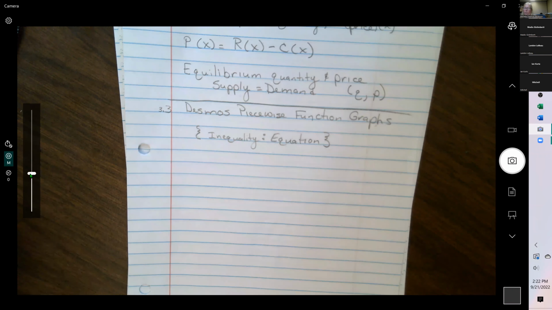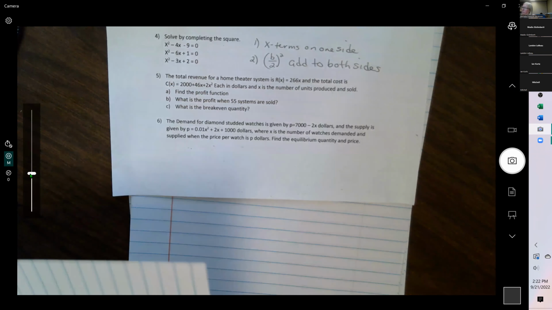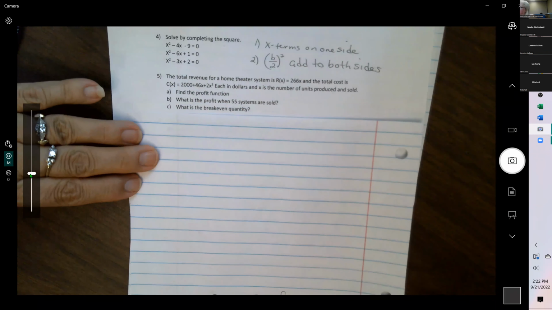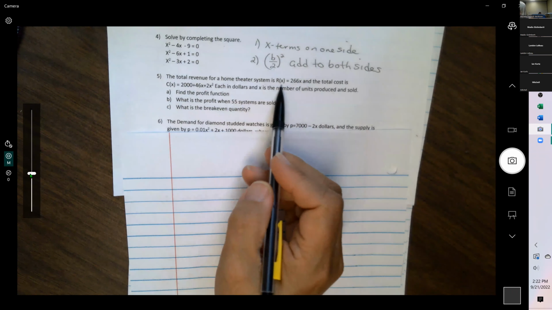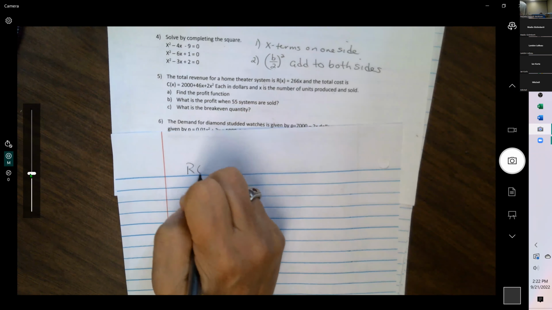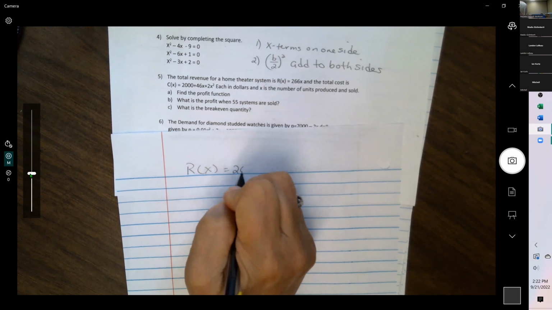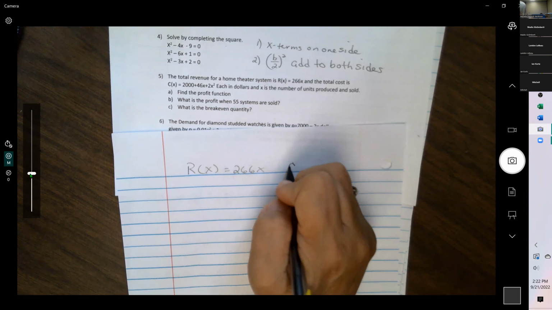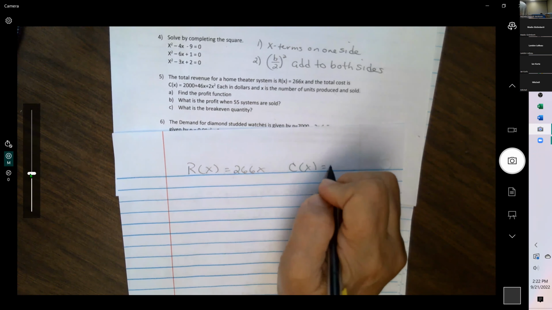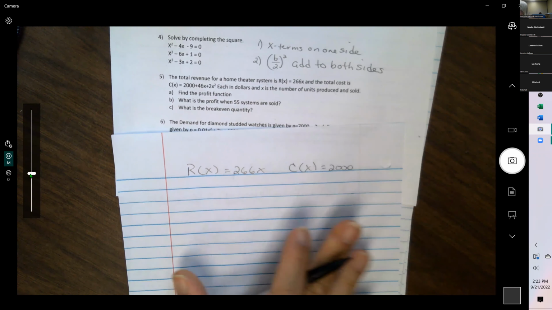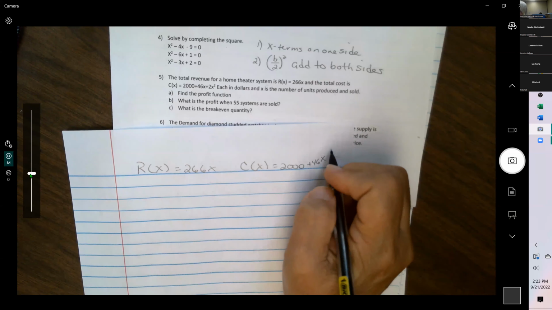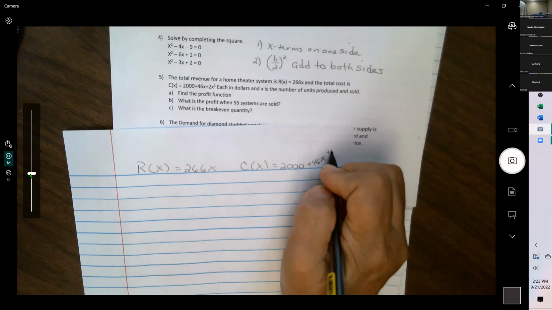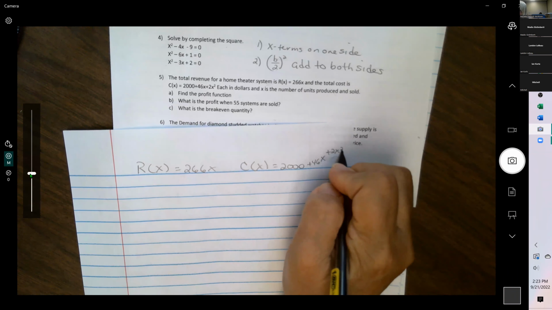Okay, let's try the story problems in this section. Number 5. The total revenue for a home theater system is R of X equal to 266X, and the cost is 2,000 plus 46X plus 2X squared.